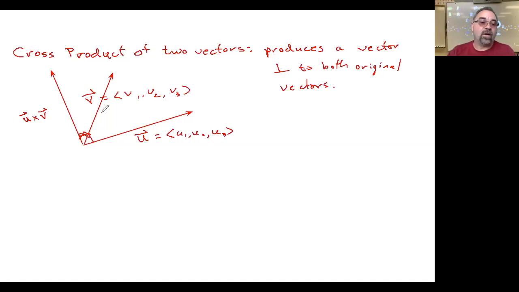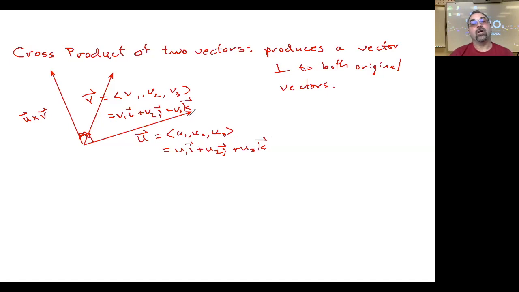Or I like to write them in IJK form for this, and you'll see why in just a minute. So this would be v1 times the i vector, v2 times the j vector, and v3 times the k vector. And this will be u1 i vector, u2 j vector, and u3 k vector.